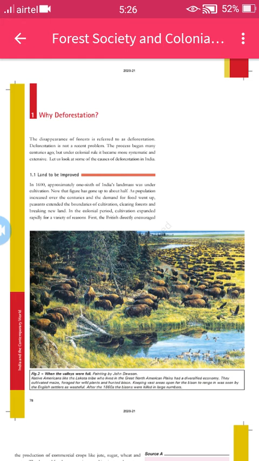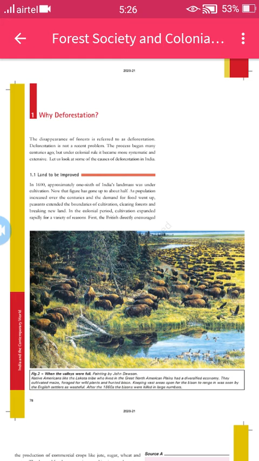The land to be improved. When we calculate about the forest, one sixth of our country's land mass was under cultivation. But now that has gone up to about half because of population, the increase of human beings in our country.